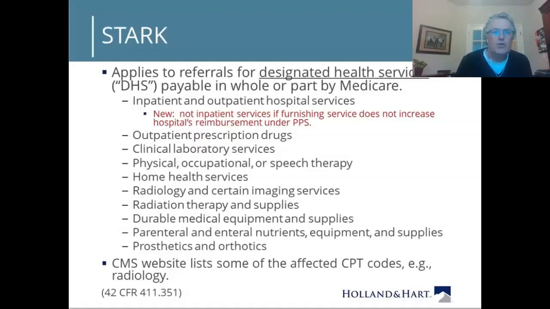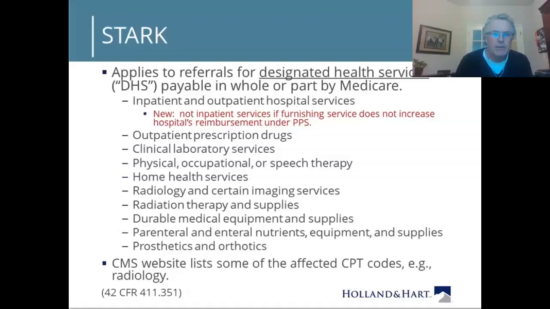In contrast, STARK only applies to referrals for certain designated health services payable by Medicare or Medicaid. Not any items or services, but only the referrals by the physician for these designated health services. Those include those that are identified there on the screen.